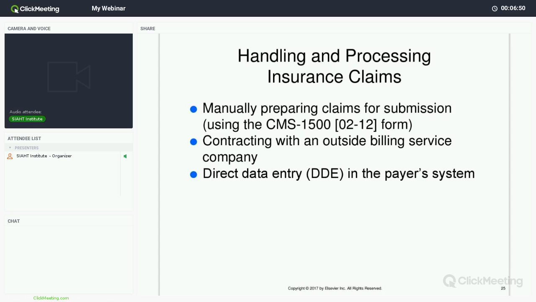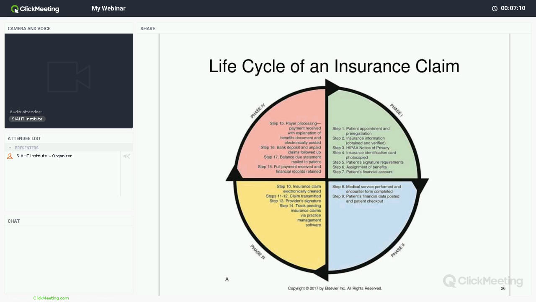And you also have some where we manually prepare claims for submission, which is a HCFA CMS 1500 form. A lot of times physicians and hospitals will contract out of the hospital or the agency to complete the billing cycle. The insurance claim life cycle consists of four phases.